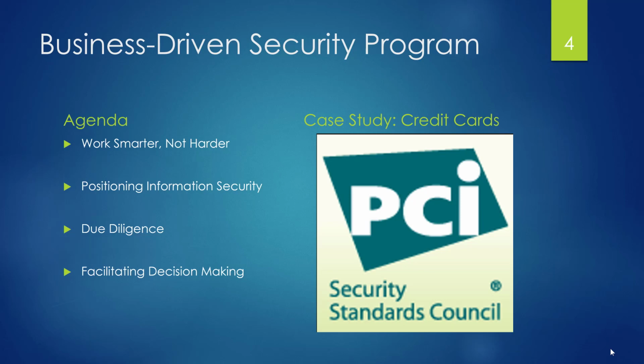But as you become a larger and larger processor of credit card information, the standards increase in terms of their rigor, in terms of the amount of security and risk management that's being applied to ensure that the confidentiality, integrity, availability, and accountability associated with those credit card transactions are protected.